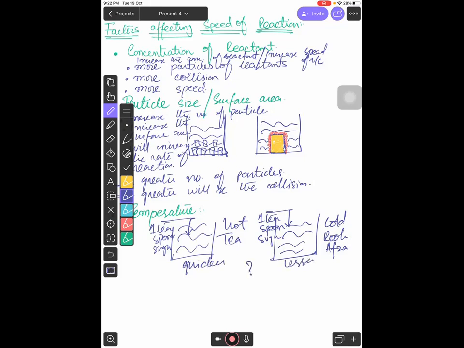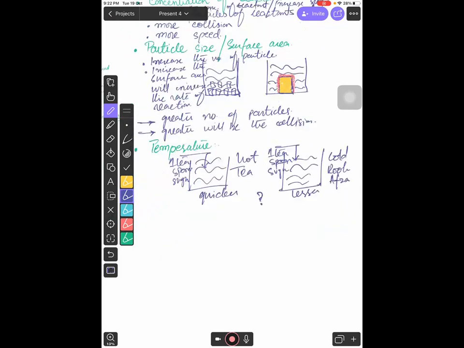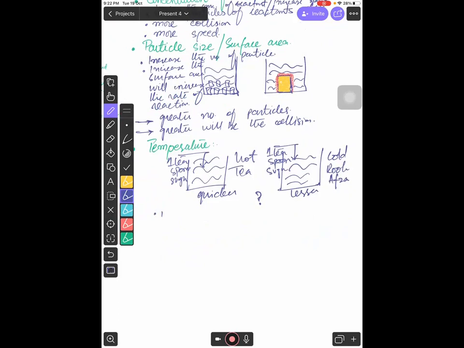Why? The reason is temperature, right? The reason is temperature. So if you increase the temperature, definitely the speed of reaction or the rate of reaction will be increased.